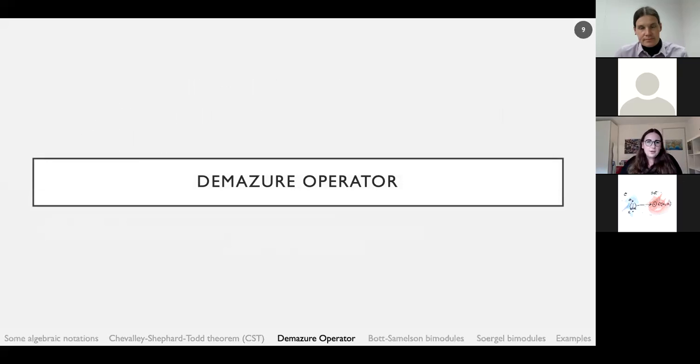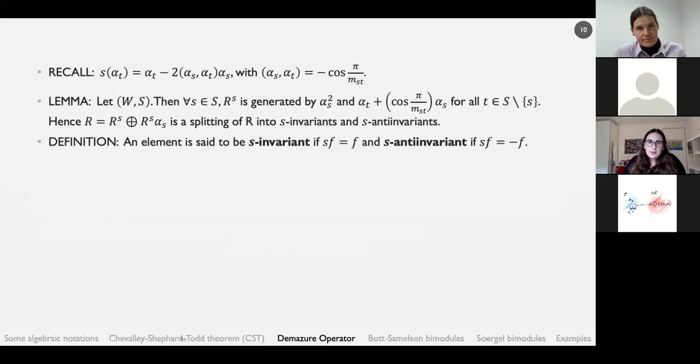I will now continue with the Demazure operator. For that, recall that I've already defined that s(alpha_t) is equal to alpha_t minus 2 times the bilinear form of alpha_s and alpha_t times alpha_s, where the bilinear form was defined as minus cosine of pi divided by m_st.